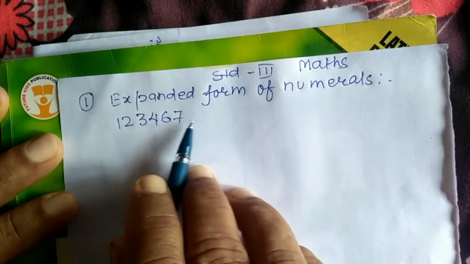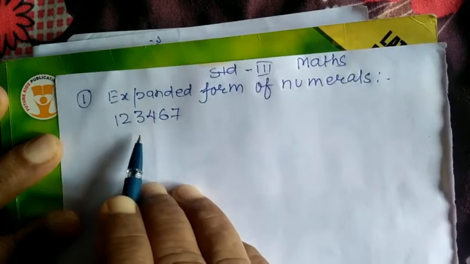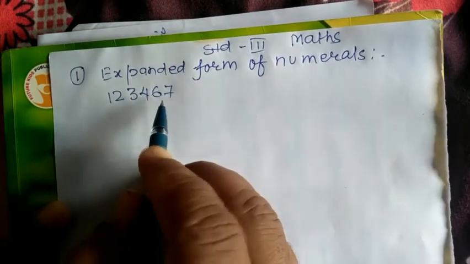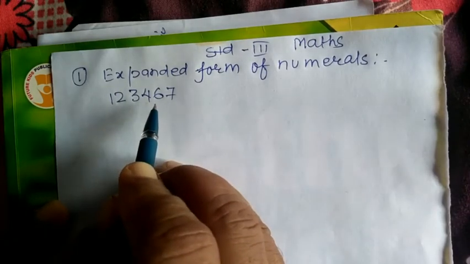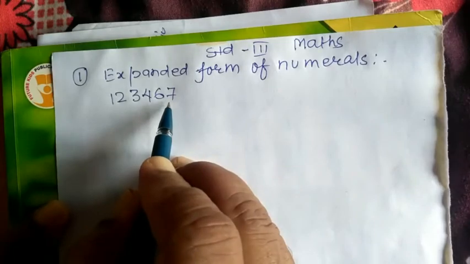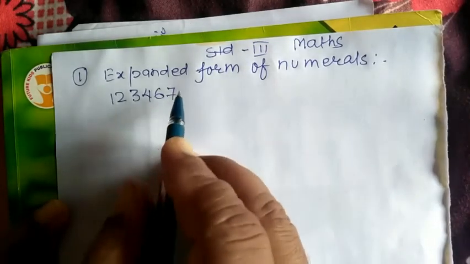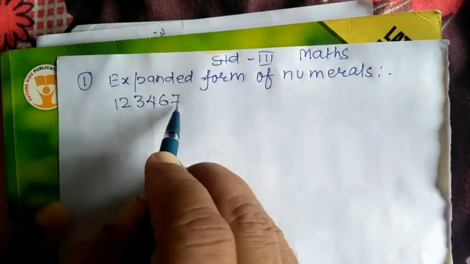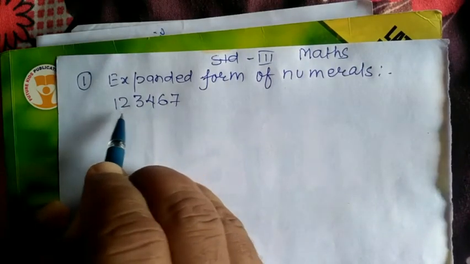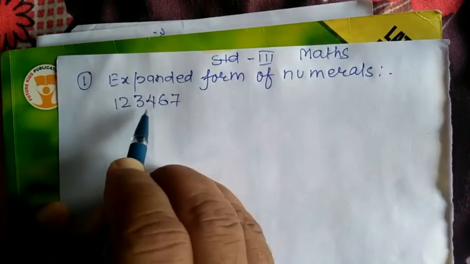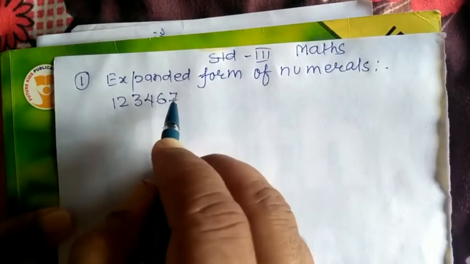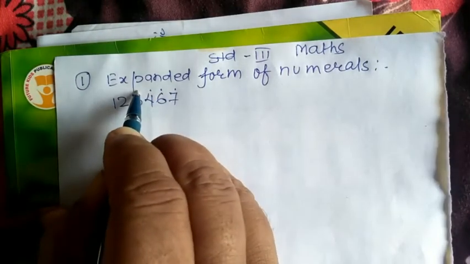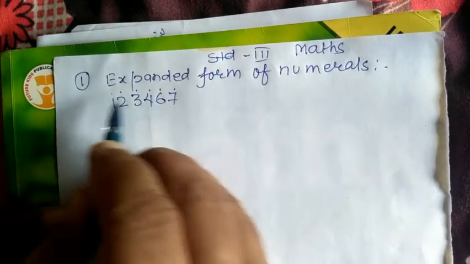I want to recall this because maximum students face problems while solving such questions. We count from the right side: ones, tens, hundreds, thousands, ten thousands, lakh.